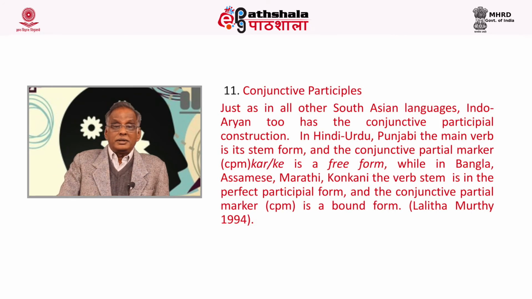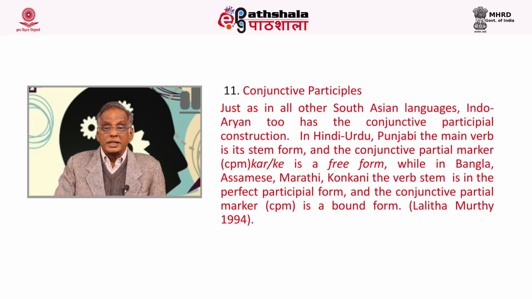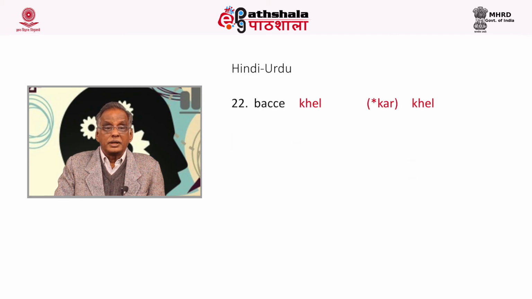Whereas in Bangla, Assamese, Marathi, Konkani, the verb stem is in the perfect participle form, and the conjunctive marker, CPM, is a bound form. For example, take 22, bacche.